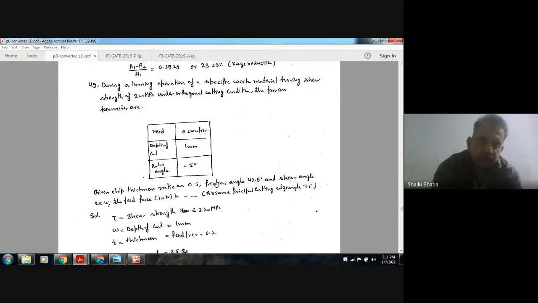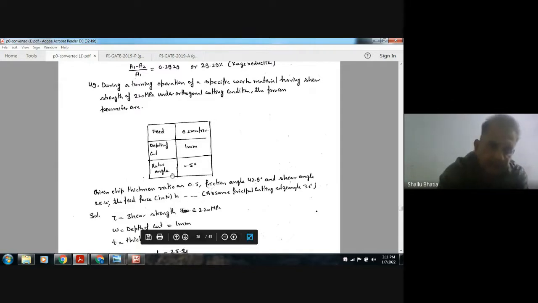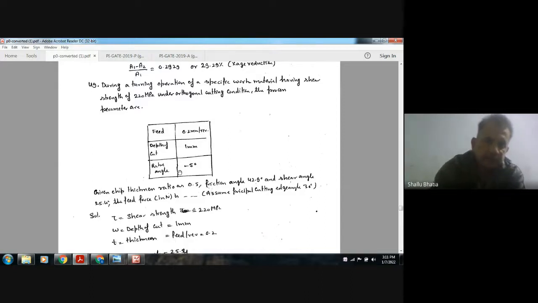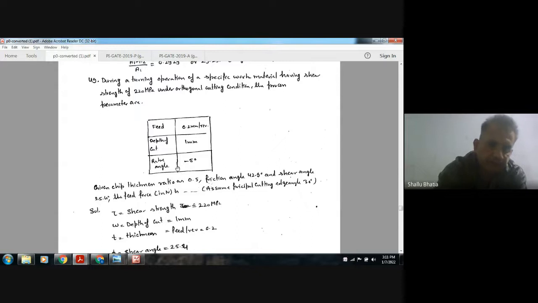under orthogonal cutting conditions, the process parameters are speed, depth of cut, rake angle, and feed. Feed is 0.2 mm, depth of cut is 1 mm, rake angle is minus 1 degree.